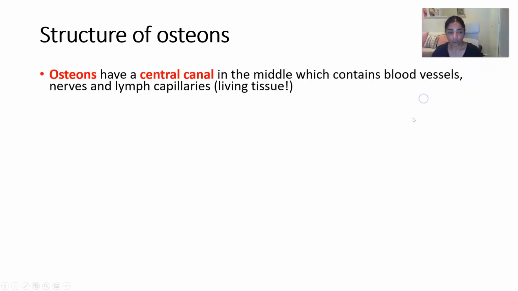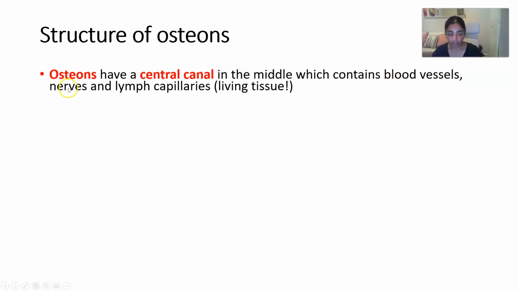So when we look at osteons, we see that they have a central canal, or a Haversian canal if you're going with the term Haversian system. Now this is in the center of that osteon, that concentric circle unit. And within the center you have blood vessels, because it's a living structure, therefore it needs to receive nutrients and take away waste.